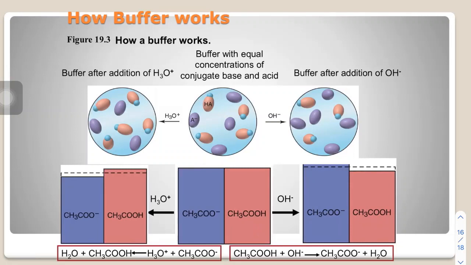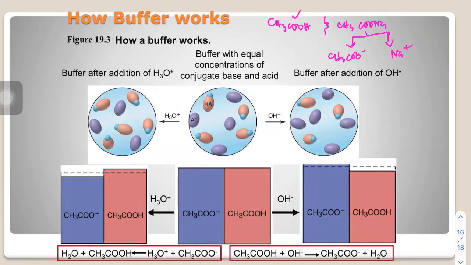We know that this is a buffer system when it consists of CH3COOH and also its salt, CH3COONa. So in the system we have acetic acid, and for the salt we actually have acetate and Na+.